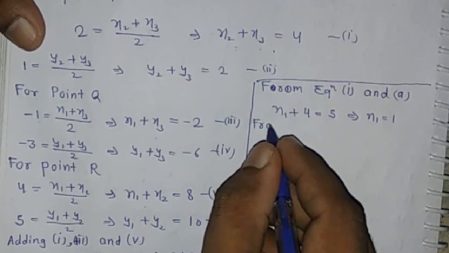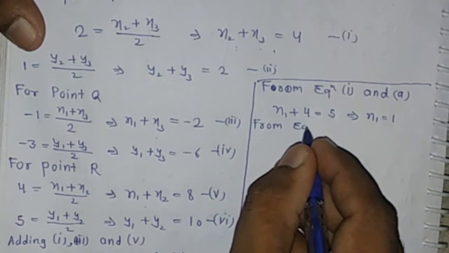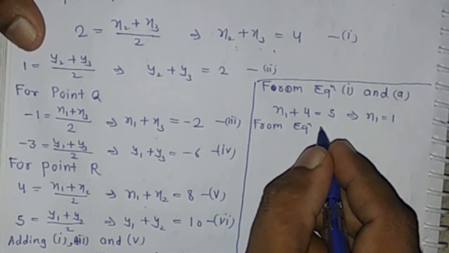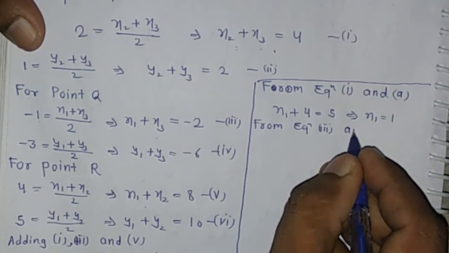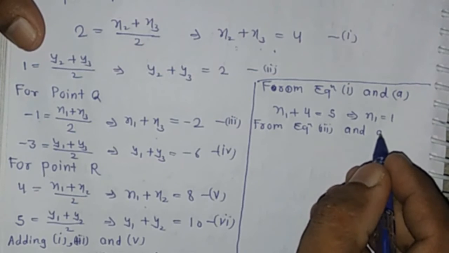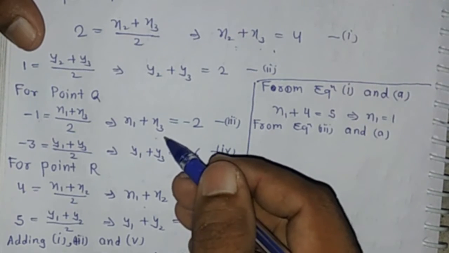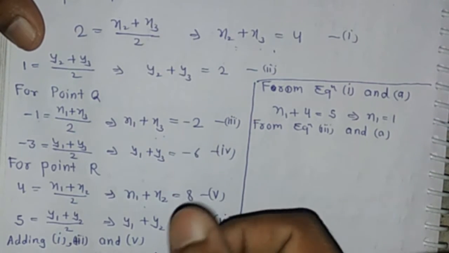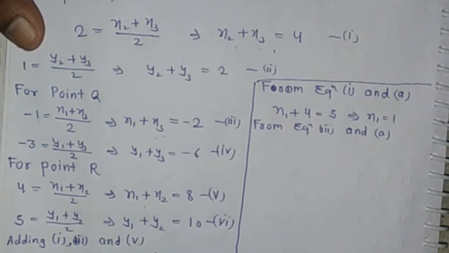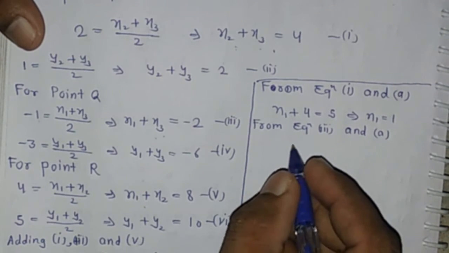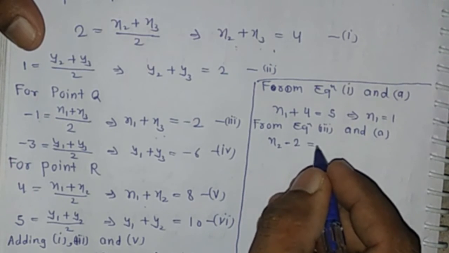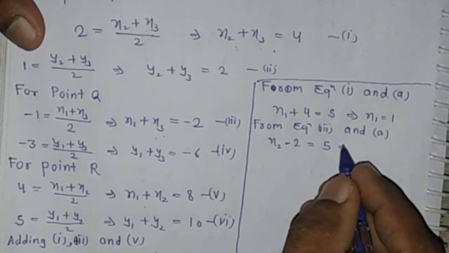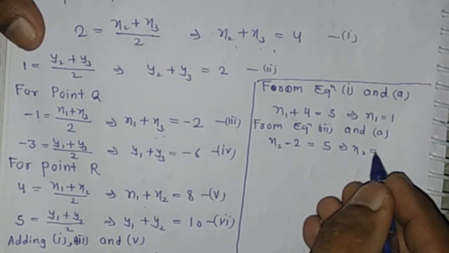From equation 3 and A, we put the value of x1 plus x3 in x1 plus x2 plus x3 equal to 5. We have x2 minus 2 equal to 5, then the value of x2 is 7.